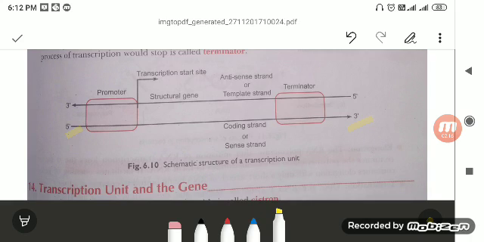So the template which will participate in the synthesis of RNA is the strand from 3' to 5', and that strand is known as the template strand. The strand parallel to that, which is not participating directly in the RNA synthesis but gives the information present on the RNA, is known as the coding strand, or the sense strand.